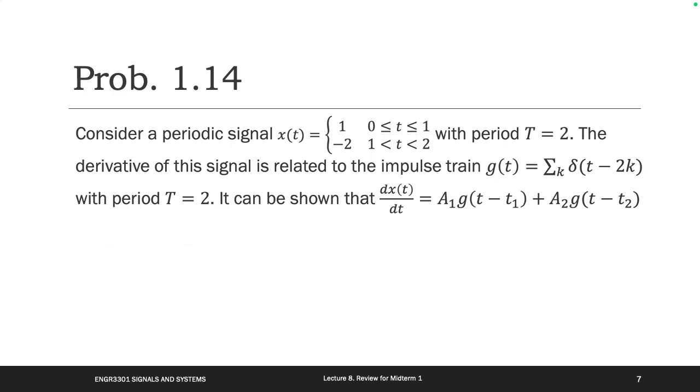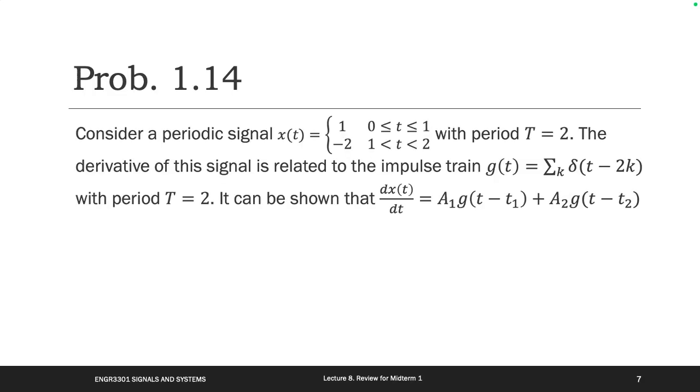Okay, so let's check a problem. I don't know if you finished this one. Actually, this is a homework, but this one is maybe a little difficult to understand, so I want to review it. Consider a periodic signal, this one, with period T equal to 2, because you can see from 0 to 2 it will have this value.